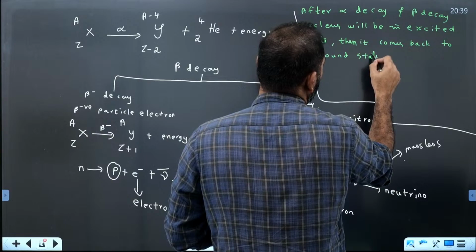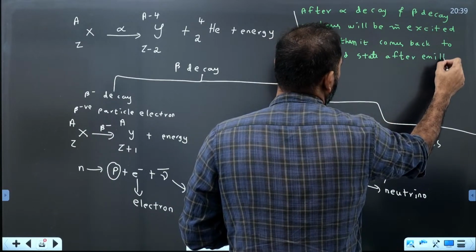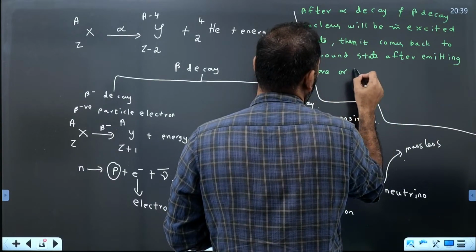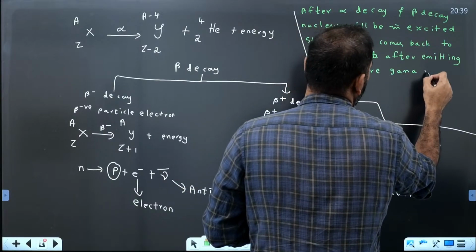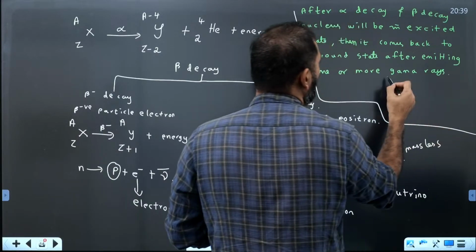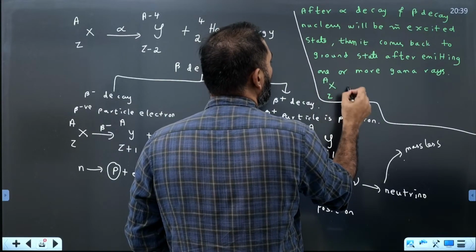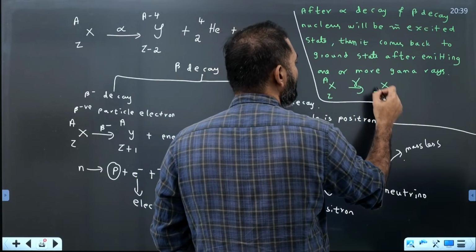It comes back to the ground state after emitting one or more gamma rays. Gamma, this is the symbol gamma. X with Z and A becomes X with Z and A only after gamma emission.